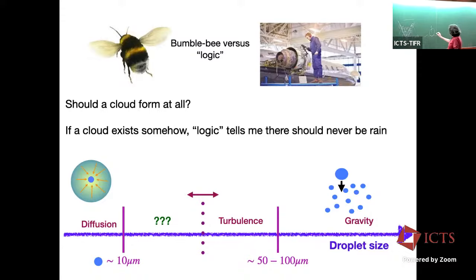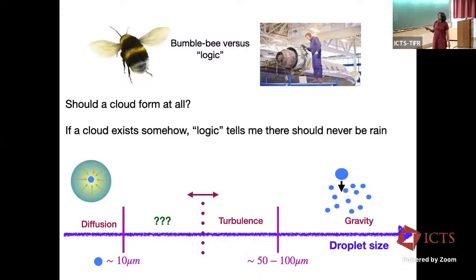Whereas this blob, which is rising as a potential cloud, effectively builds a wall around itself, and the outside air does not come in, although it's also a turbulent quantity. I'm not going to answer this here. I'll just leave it as a question, because we don't have time to talk about that one. But if we agree that a cloud exists somehow, that's the first question.